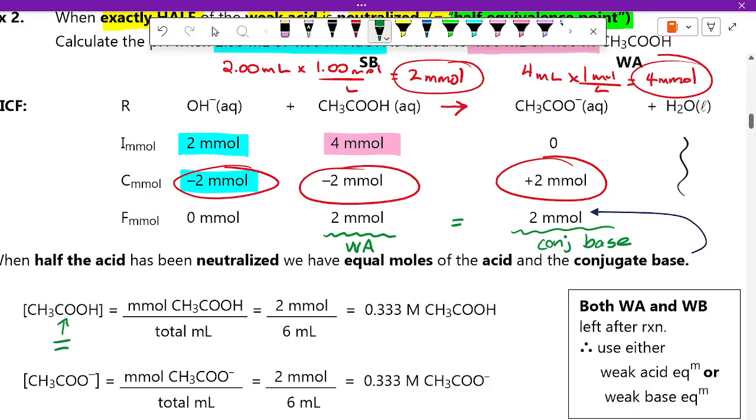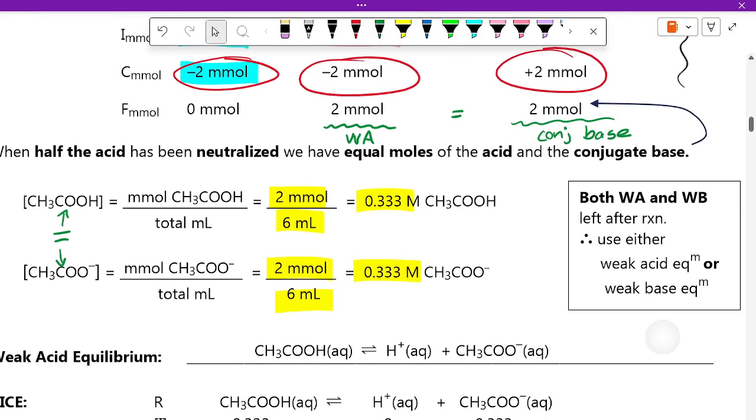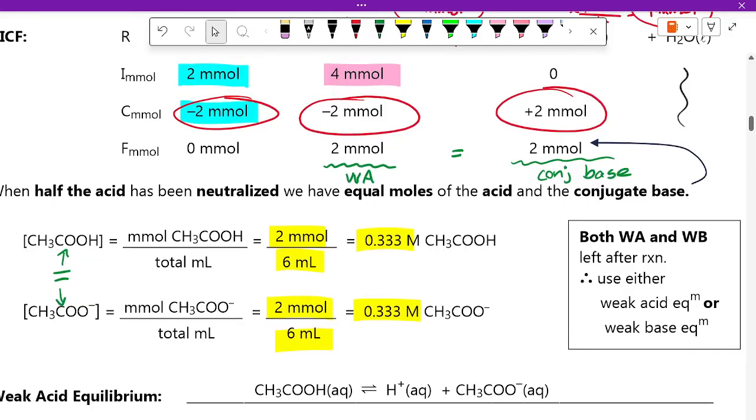And so that is 2 millimoles in a total volume of 6 milliliters. 2 and 6, that gives us 0.33, 0.33. Are we okay here? Okay.